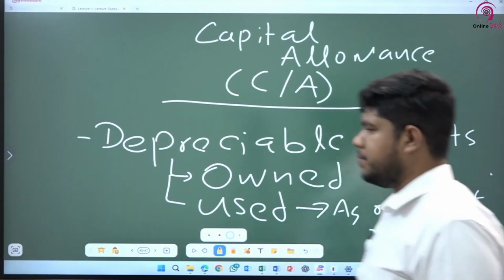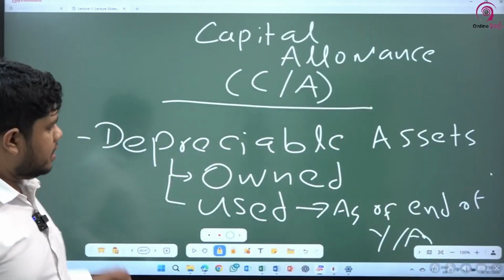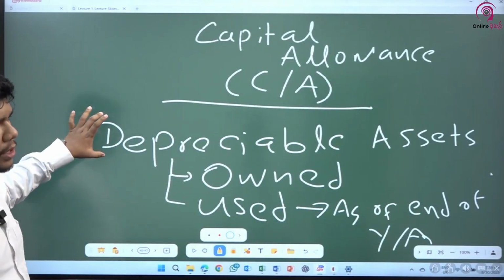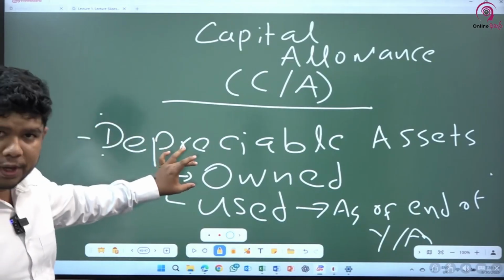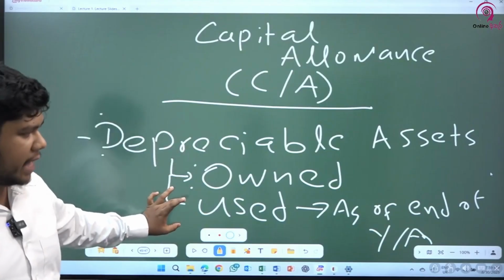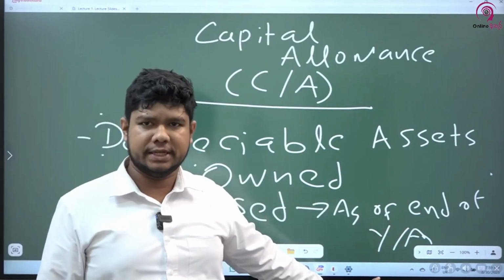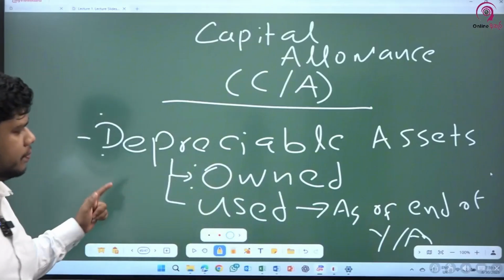This you need to remember. It's granted on depreciable assets which should be owned and used as of the end of the year of assessment, right? This is very important to remember.